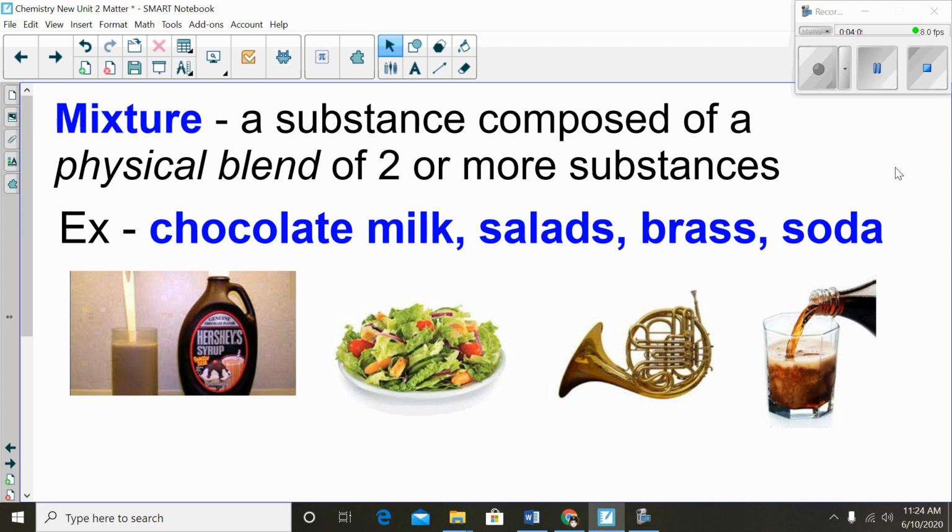Brass, that instrument is a combination of two elements. Brass is not on the periodic table. It's actually a combination of copper and zinc. So that's a physical blend of two metals. Now the soda is a physical blend of water, sugar, the carbon dioxide, and some other flavors and preservatives. So these are all examples of mixtures.